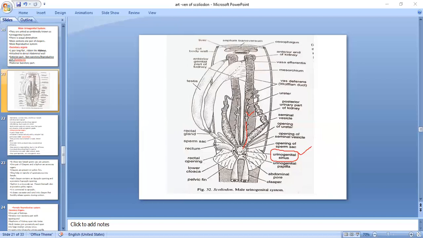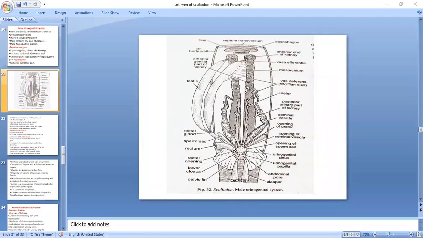The ureters open into this urinogenital sinus by a tip called the urinogenital papilla, which contains a small opening, through which it opens into the cloaca. So the urinogenital papilla opens into the cloaca. That is about the excretory part.